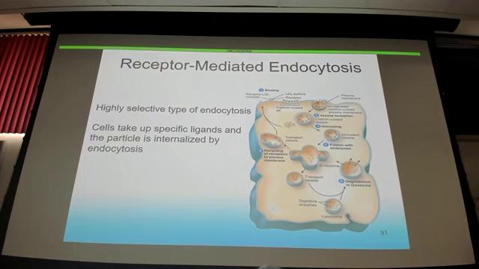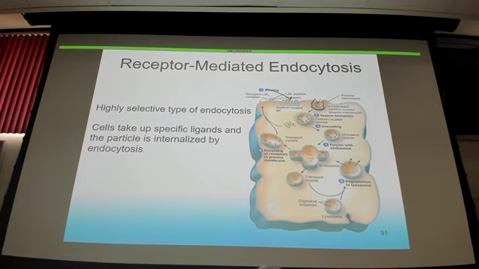Okay, receptor-mediated endocytosis means that you have receptors on the outside of the cell that are looking for a specific particle, molecule, and when that molecule comes along, it's going to bind to that receptor. That's going to cause invagination of the membrane, and it will bring that molecule in because it interacted with the receptor.